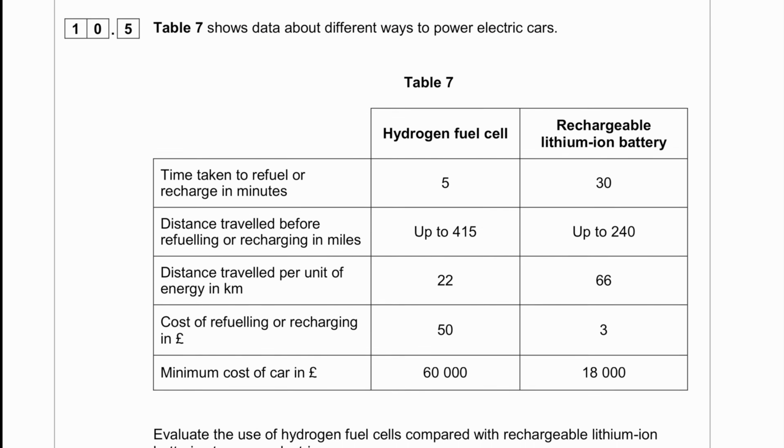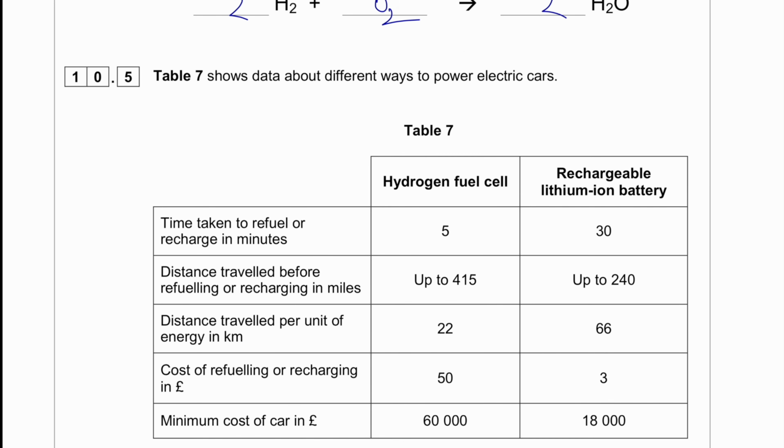Question number 10.5. Table 7 shows data about the different ways to power electric cars. Time taken to refuel or recharge in minutes: for the hydrogen fuel cell, it only takes 5 minutes; rechargeable lithium-ion battery, 30 minutes. Distance traveled before refueling or recharging in miles: the hydrogen fuel cell can travel quite far, and rechargeable lithium-ion batteries can also go quite far, but not as far as the hydrogen fuel cell.